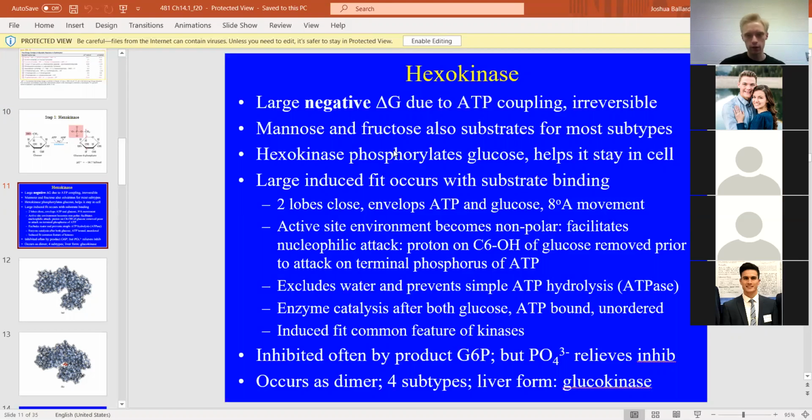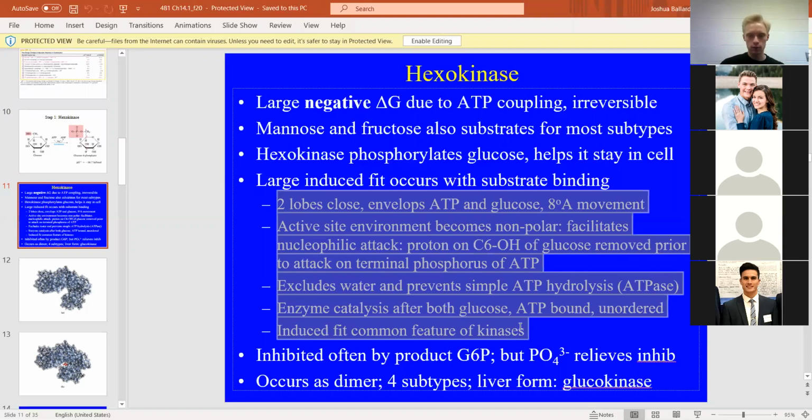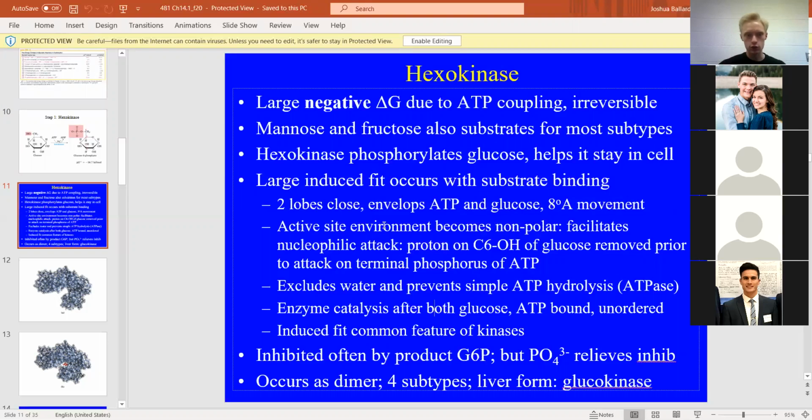And we'll talk about that a little bit later. But it's important to know that with hexokinase, a large induced fit occurs with substrate binding. And these bullet points talk about what's going on with this large induced fit. And so these pointers are important to know.